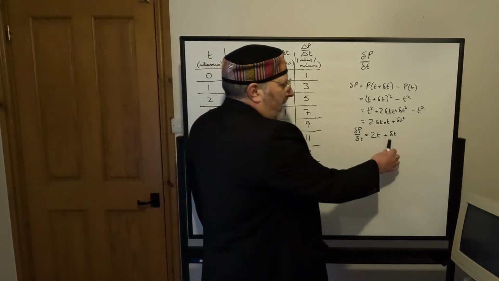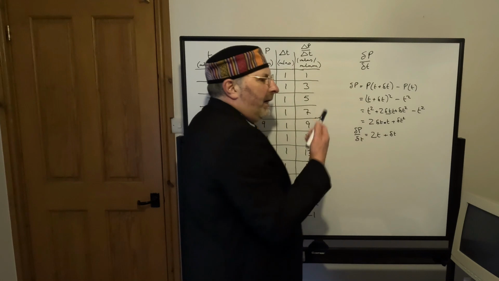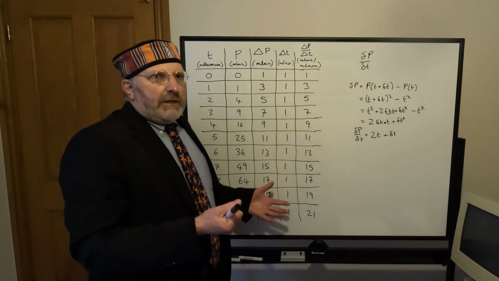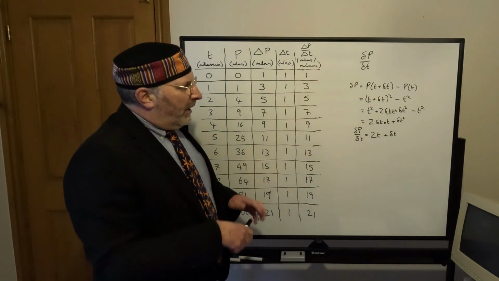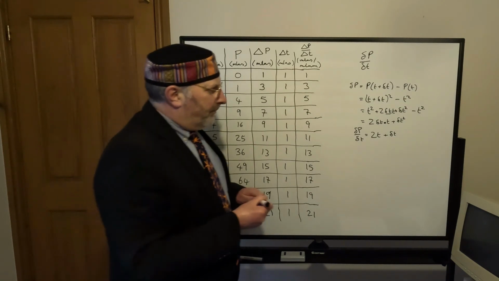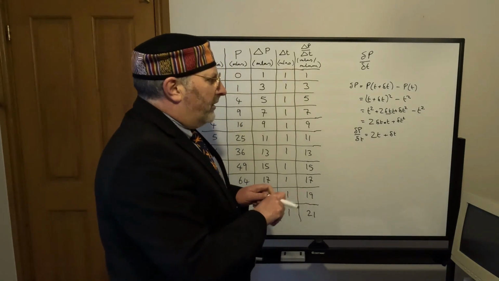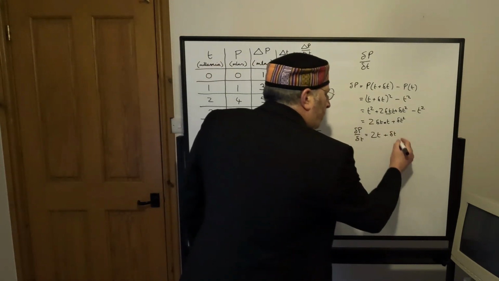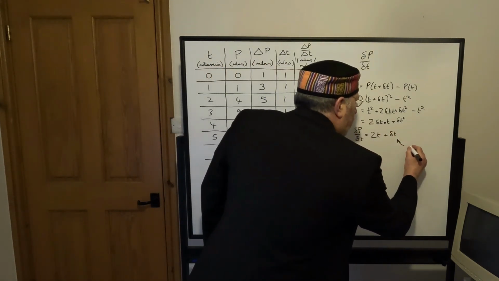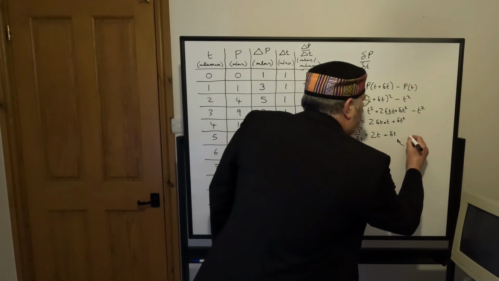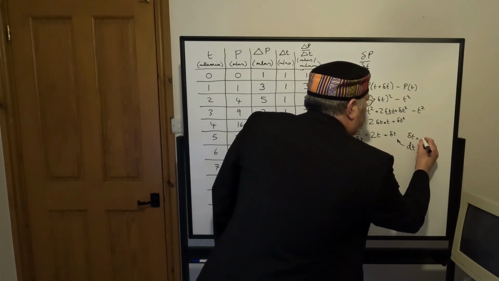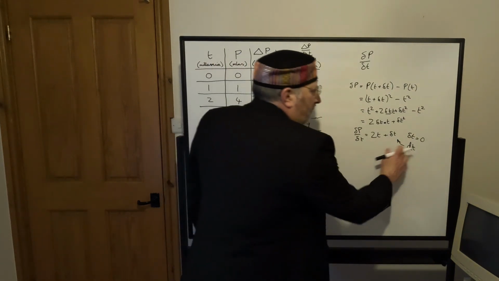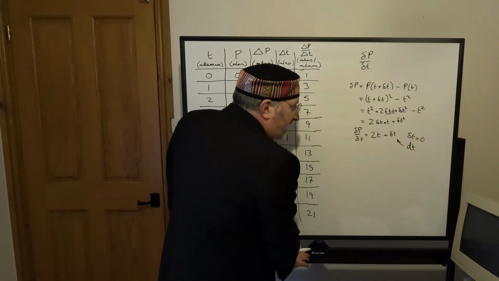So strictly speaking, we don't take it to be 0. We take it to be infinitesimally small, an infinitesimal. And an infinitesimal we write as dt and dp. So if delta t is 0, we write it as dt.